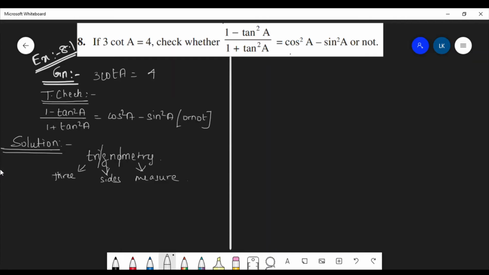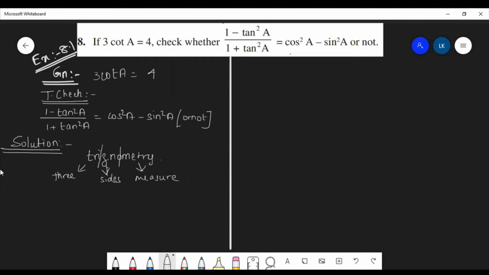We have to find the measure of the 3 sides of the triangle. This is the meaning of trigonometry first of all, and for every problem we will consider a triangle and measure three sides. This is the basic notion of trigonometry.